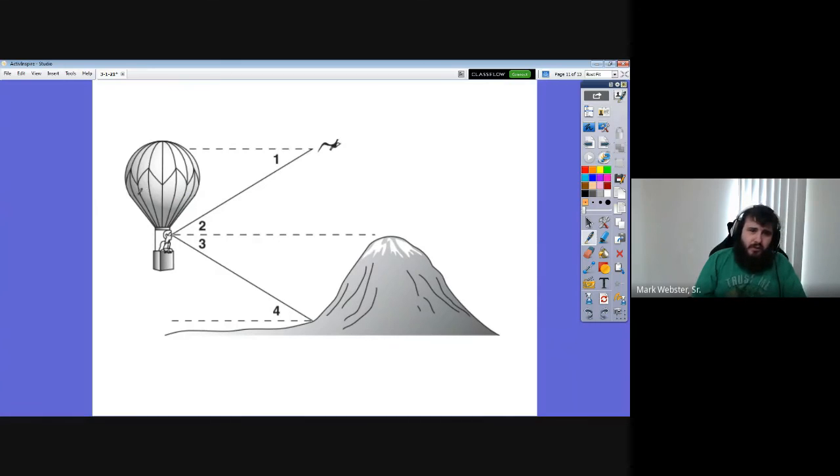So let's start with the man in the balloon. If he's looking down to the base of the mountain, this angle 3, this is an angle of depression.